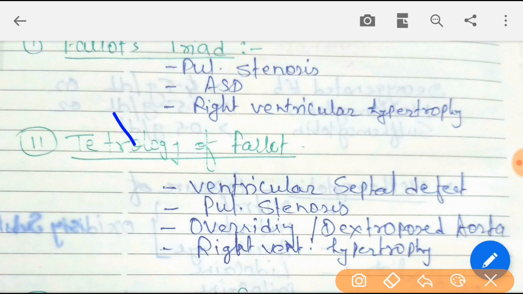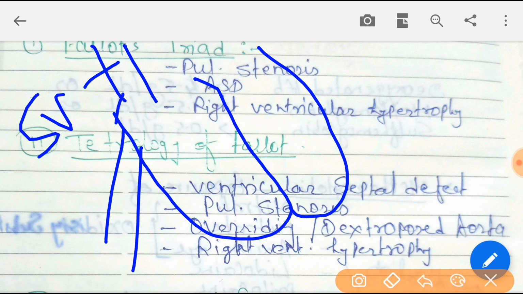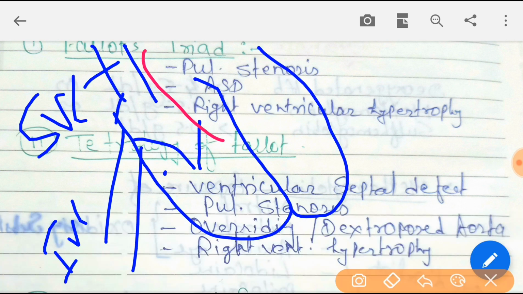that means if you draw a diagram of the heart like that, here the superior vena cava, inferior vena cava, here one is like that, and it is the pulmonary trunk, the valve is like that, and another one is here.